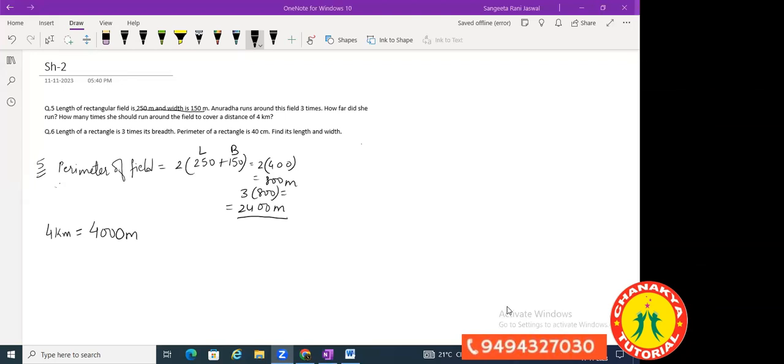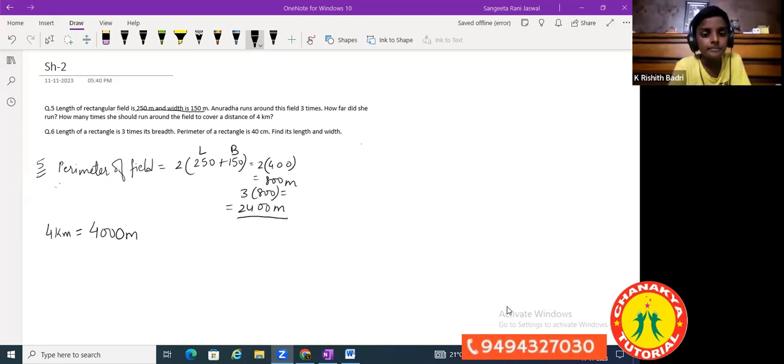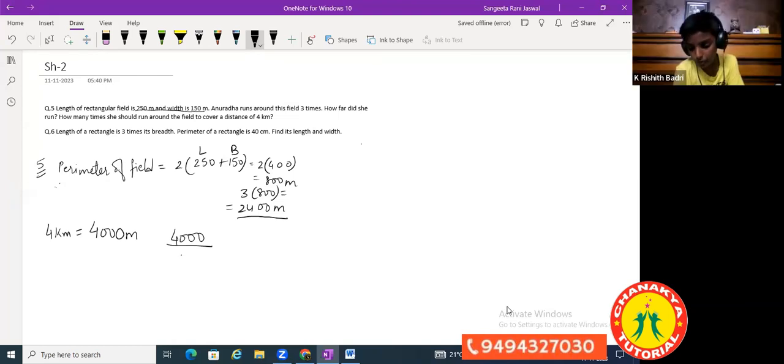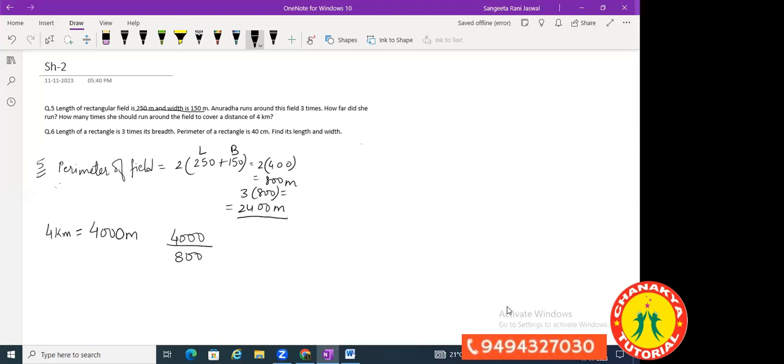Okay, now to cover 4 kilometers, we will first convert 4 kilometers to meters. 4 kilometers will be 4,000 meters, because 1 kilometer is 1,000 meters. Now we need to find how many rounds of this rectangular park Anuradha will take.